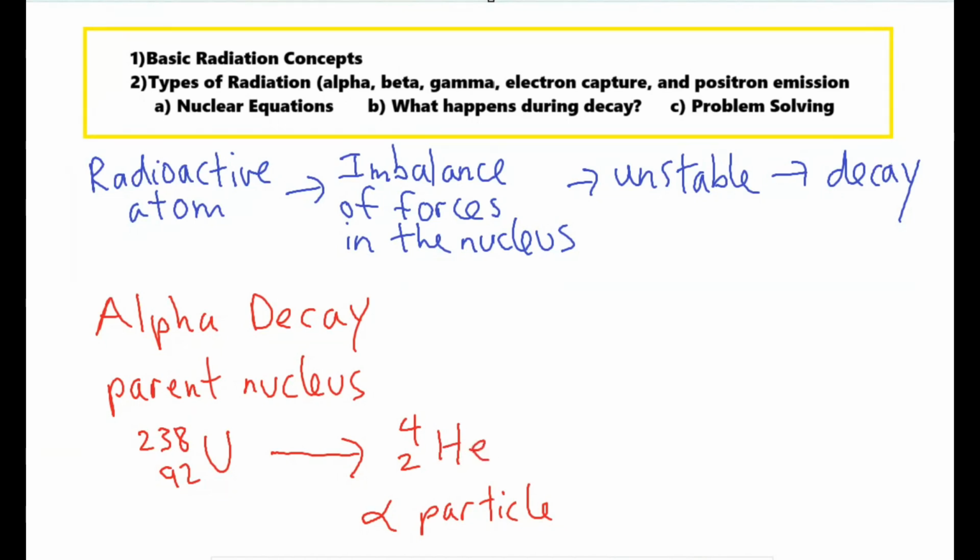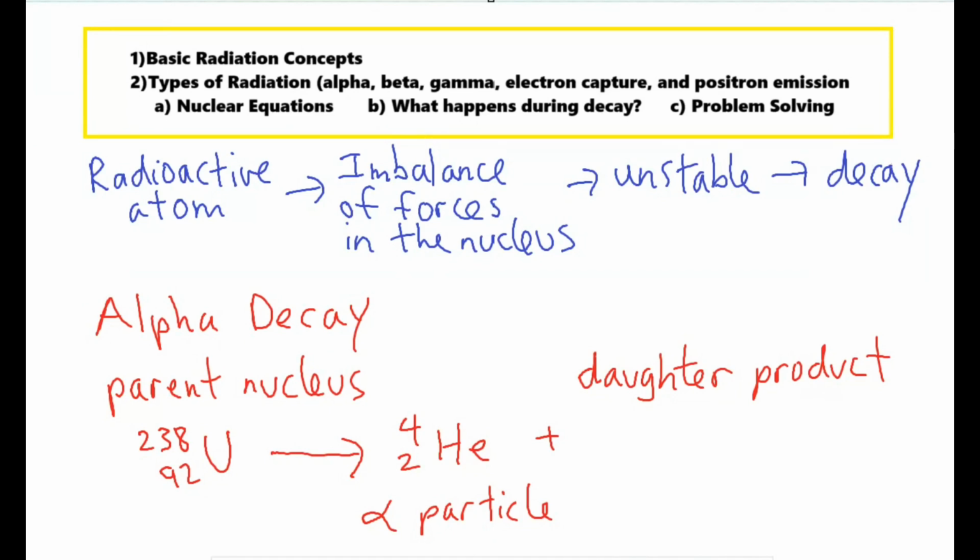So when a helium atom is ejected from a parent nucleus, that would be known as an alpha particle. And then from there, you can find what's known as the daughter product.